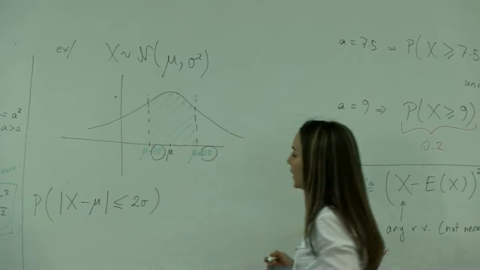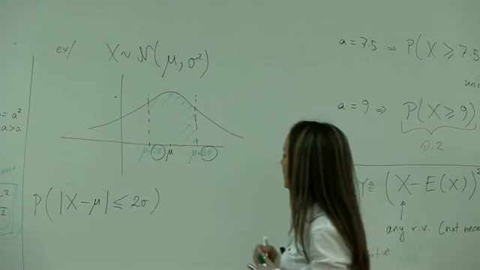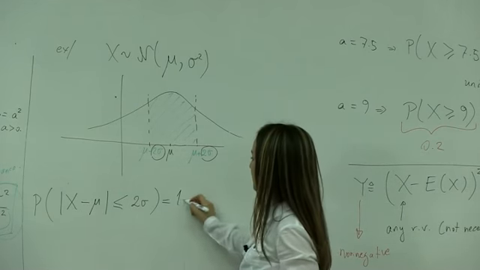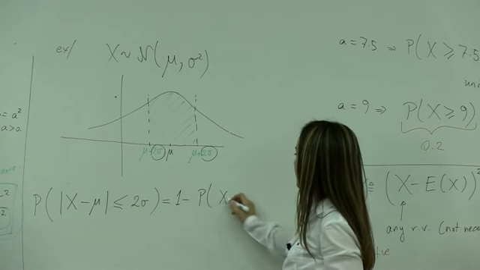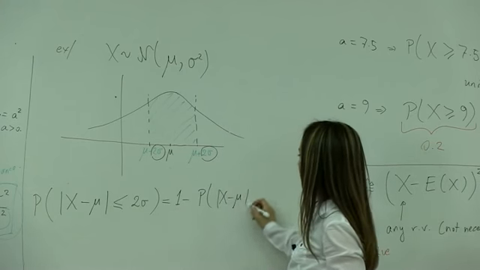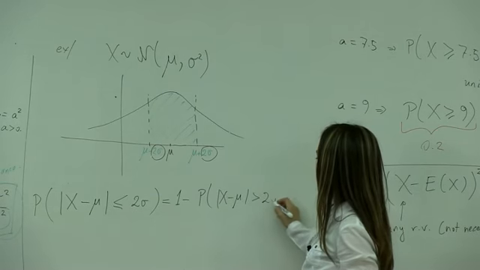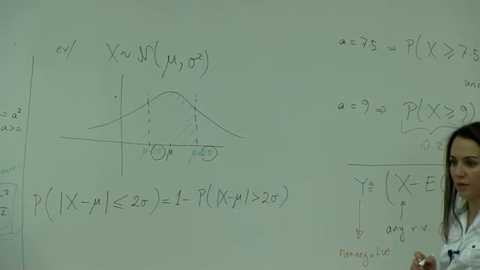What can we do? Well, this is 1 minus the probability that the absolute value of x minus mu is bigger than 2 sigma, right?